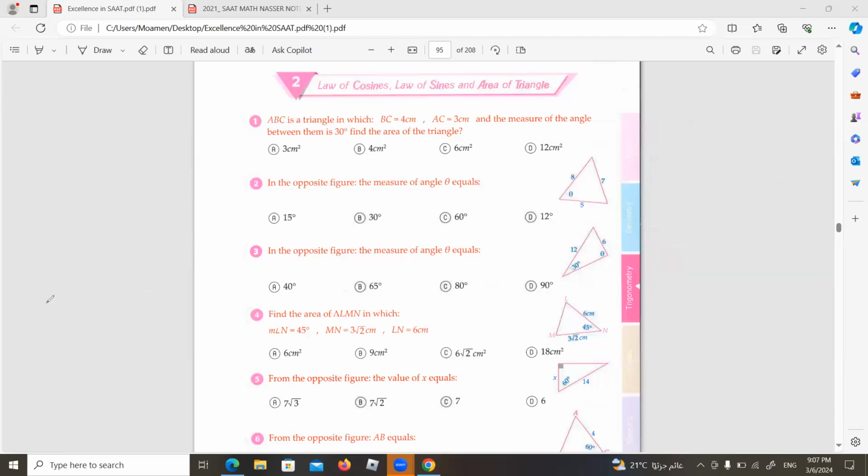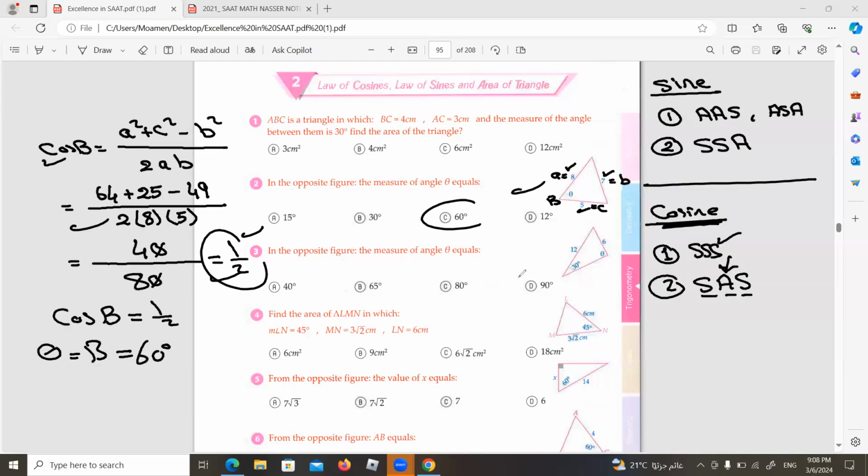We're going to number 3. In number 3, in the opposite figure, the measure of the angle theta is. I need to find the measure of angle theta. In number 3, pay attention with me.